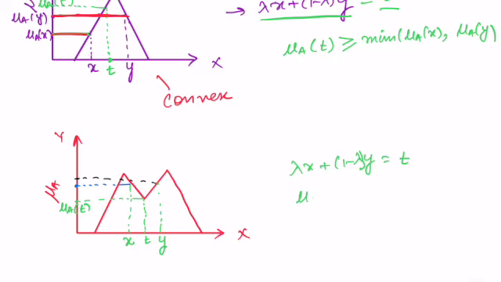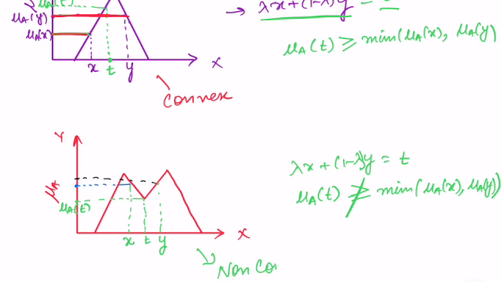We can easily see that mu A t is not greater than or equal to the minimum of the membership grades of x and y. That does not hold. So that is why this set is a non-convex set. So where is the gap? This is the region. There is a dip in this region. So that is why you can directly say that this is a non-convex fuzzy set.